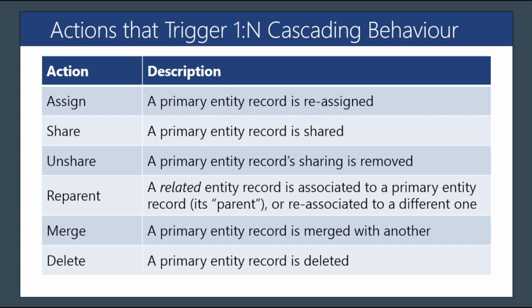If it's reparented, where the parent record changes, it can also recreate that association. When you do a merge between two entities, what happens with those records that are related between the two, they're brought together. And then, of course, what happens when a record is deleted? If you delete it, you can say delete all of the related records, and everything that's associated with that primary record would be deleted as well.